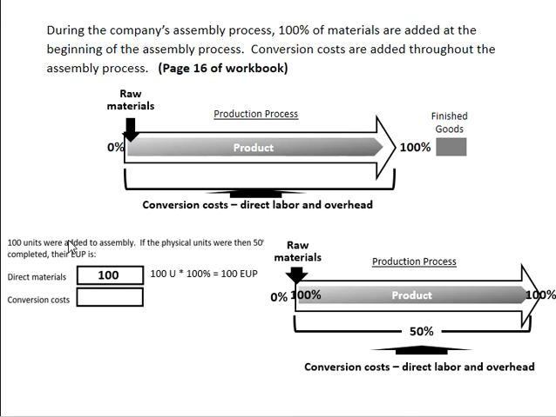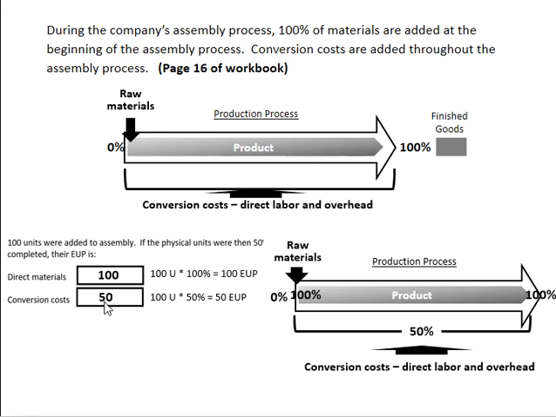So if the items are 50% complete, we can assume that they've incurred 50% of their conversion cost, or 50% of the combined direct labor and overhead. So now if we convert that to equivalent units of production, we can say 100 units times the 50% equals 50 EUP.